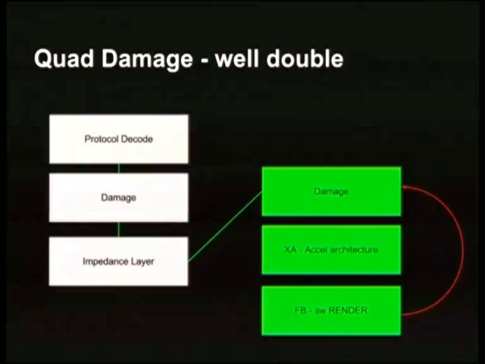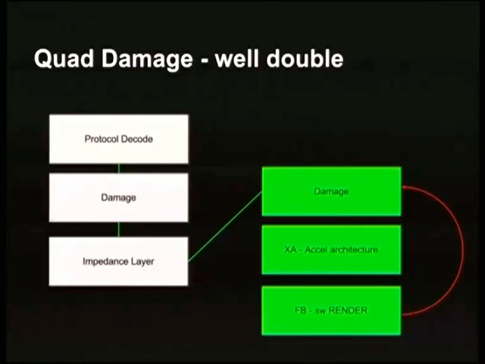So how do we fix this so we can do protocol and GPU objects? Well, it's a computer problem, so we just stick another layer of abstraction in. So I introduced this thing called the impedance layer. And basically the impedance layer's job in this case is to try and separate those worlds. And you'll notice quad damage isn't really quad, there's two damages.